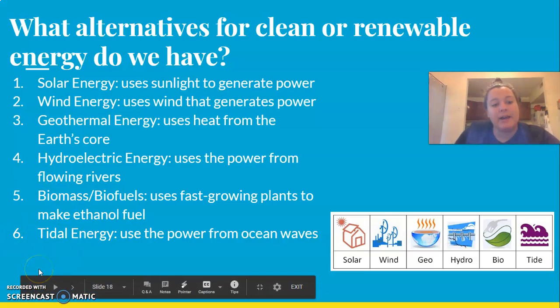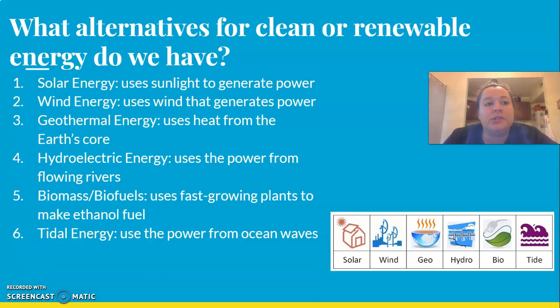Then we have tidal energy, which is using the ocean waves. So these are all alternatives for clean and more renewable energy that we can use to lessen our dependence on fossil fuels. The main downside is that these are more expensive to use.